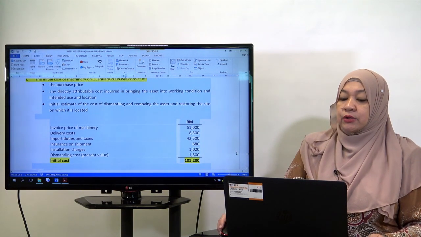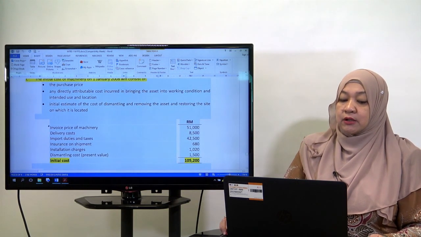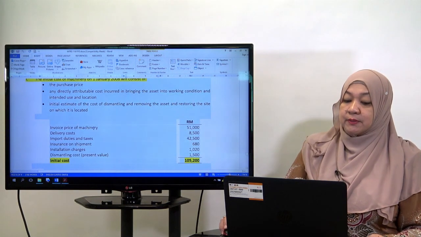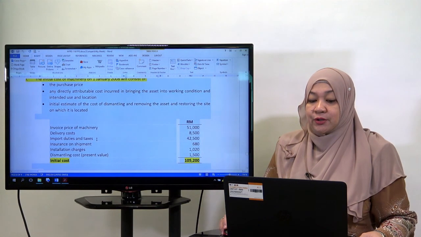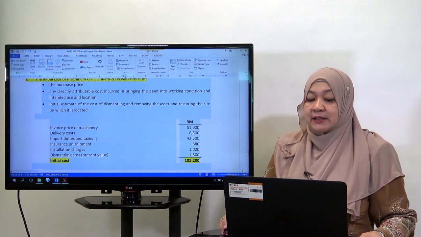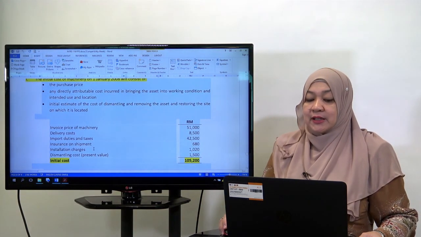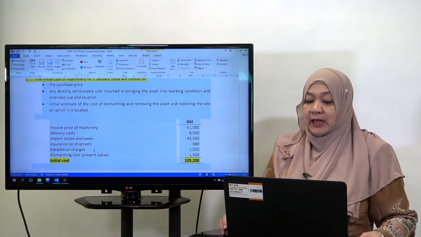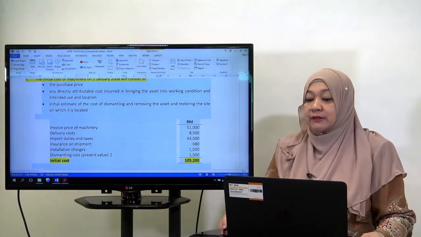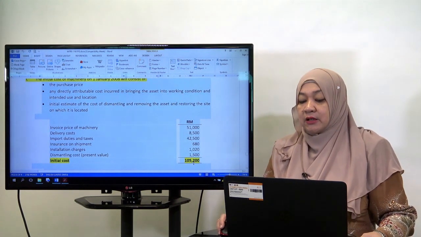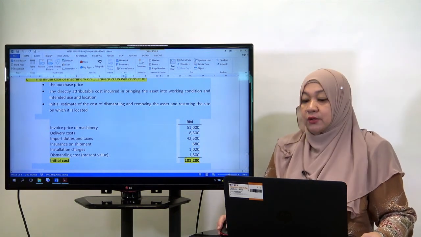Alright, so to determine the initial cost, include the invoice price of the machinery, plus the delivery cost, plus import duties and taxes, plus insurance on shipment, installation charges, and dismantling costs, bringing it to the present value. Right, so the initial cost is 105,200.